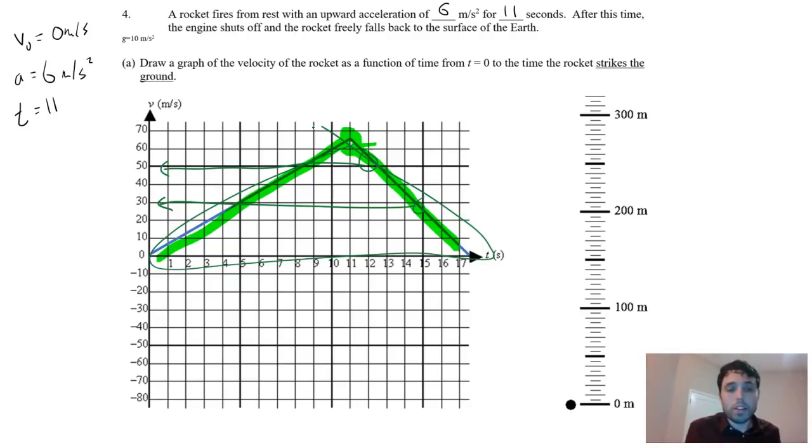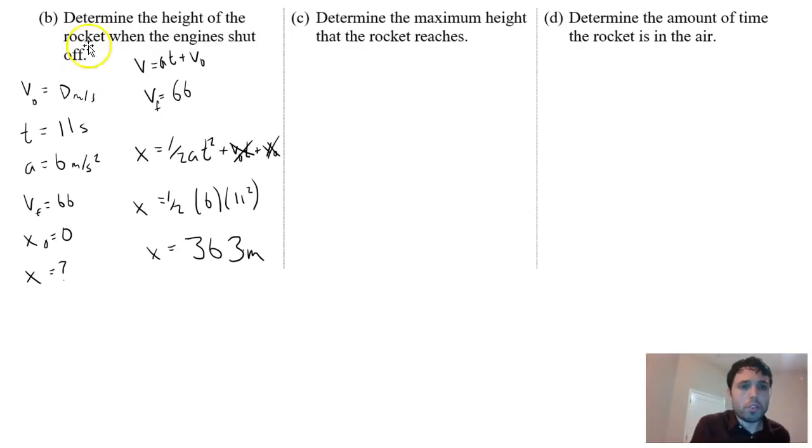Why do we want to find the area of the graph? Because that area is displacement. Area under the curve of the velocity-time graph is displacement, and that's positive displacement, going up away from the ground, up into the air. So one way is to find the triangle and then solve. But I'm going to do what I think is probably a little bit simpler and just use a formula, because we've already found how high it goes at this spot.